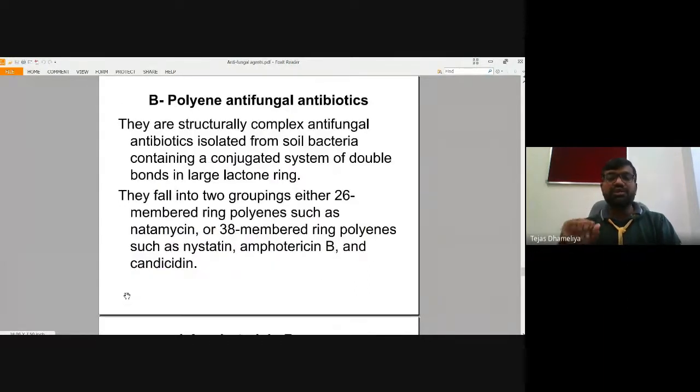Before we go to the structure, we need to understand this. Penicillium griseofulvum will give griseofulvin, which is a non-polyene antibiotic. But these polyene antifungal antibiotics basically have a conjugated system of dienes.